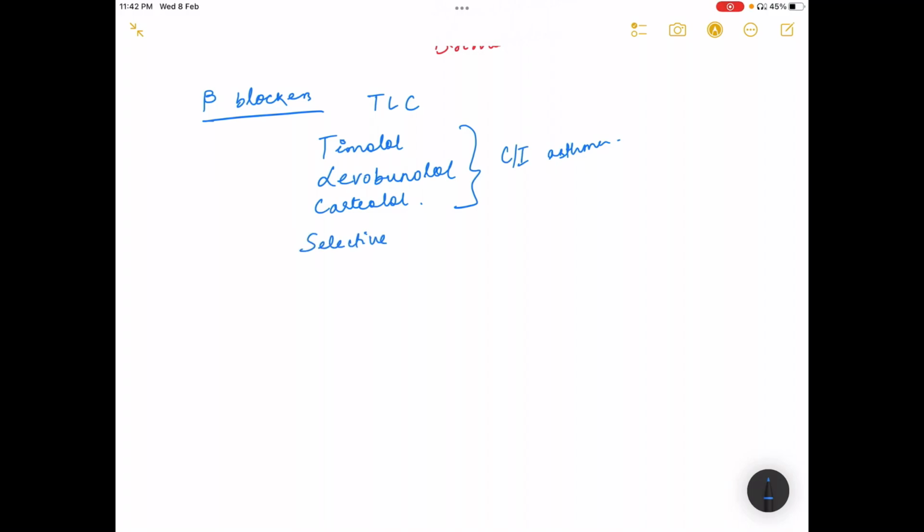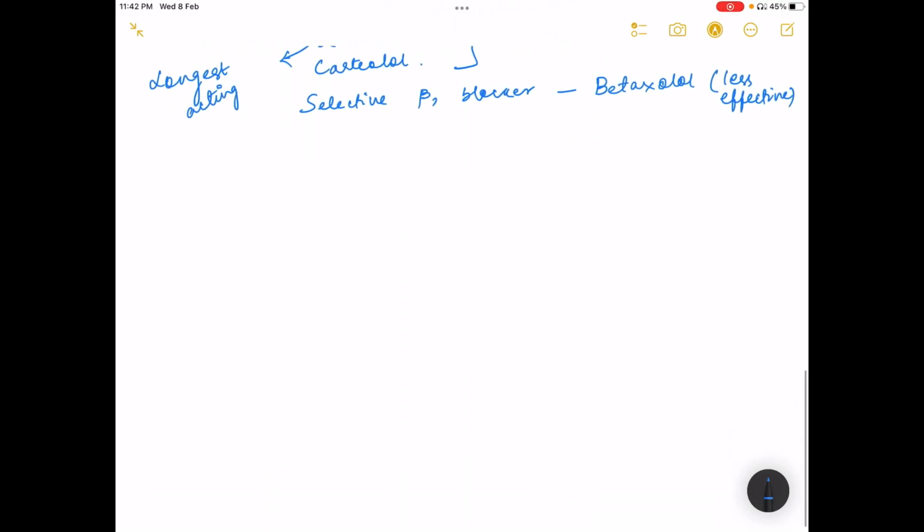Another is the selective beta 1 blocker, that is betaxolol, but it is less effective. And out of these three, TLC, which is the longest acting? Remember, L for L, levobunolol is the longest acting drug.